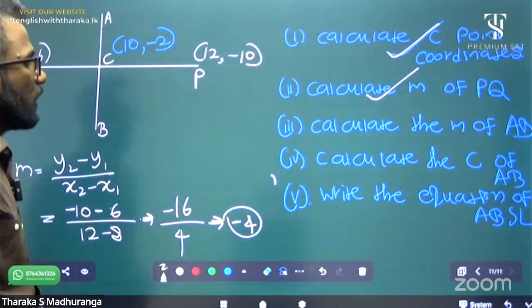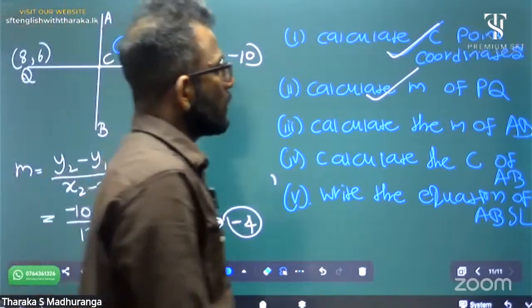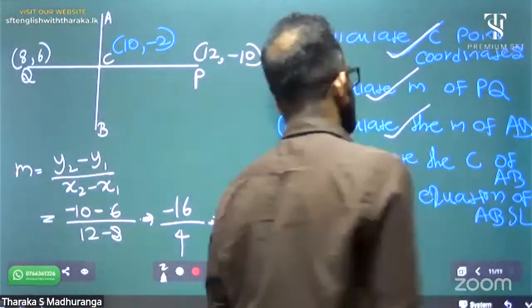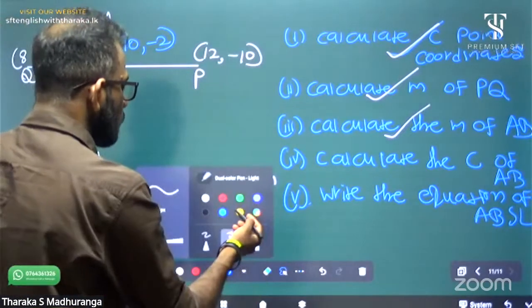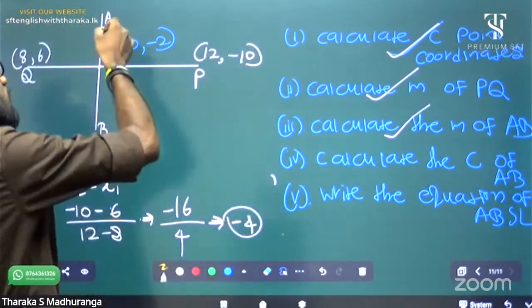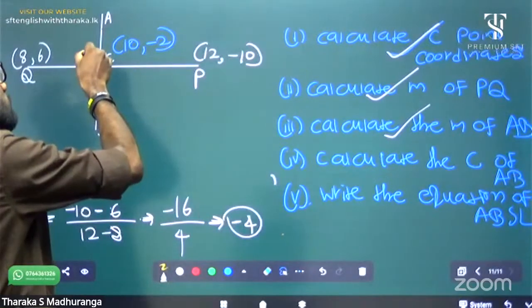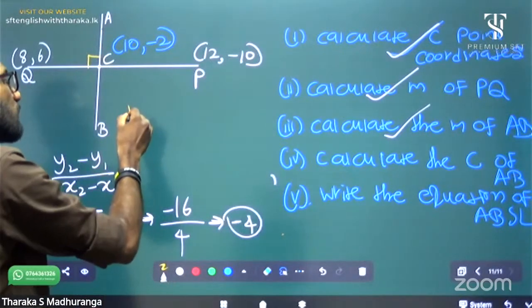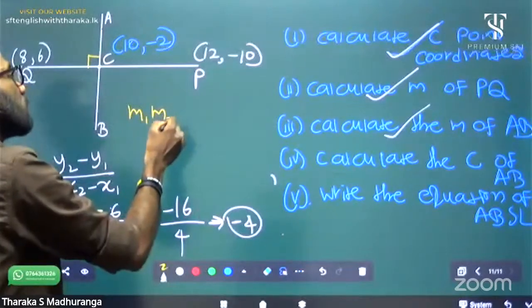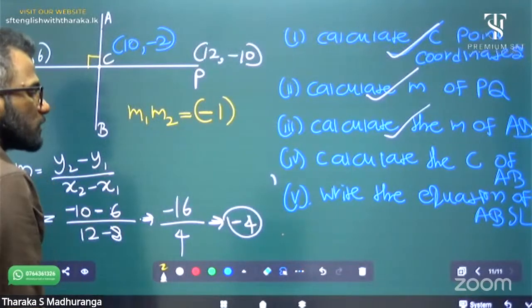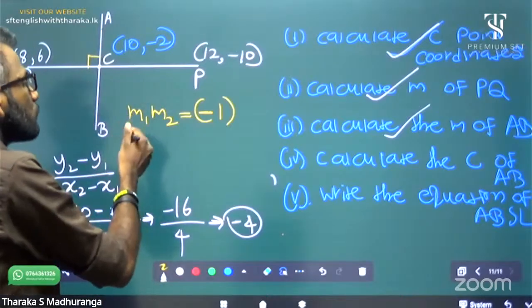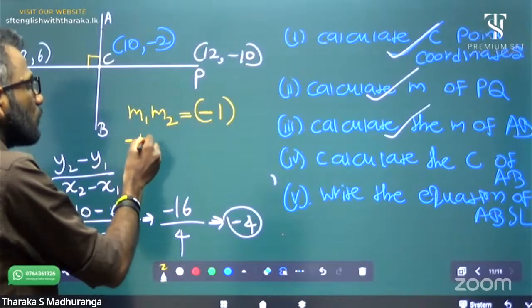Okay, next calculate the gradient of the AB straight line. How to calculate the AB straight line? Now you already know they are perpendicular to each other. If they are perpendicular to each other, M1 into M2 equals what? Minus 1. That's a constant. Now M1 you found is minus 4.